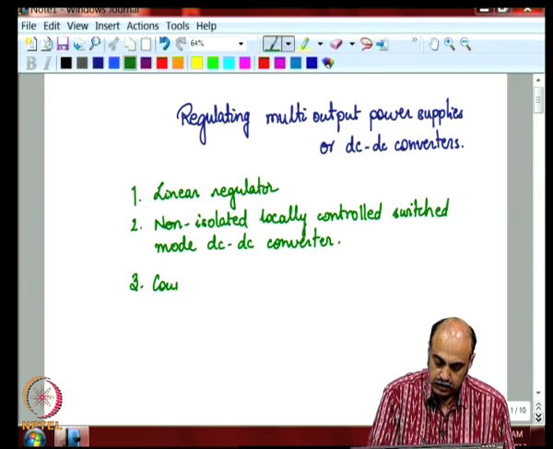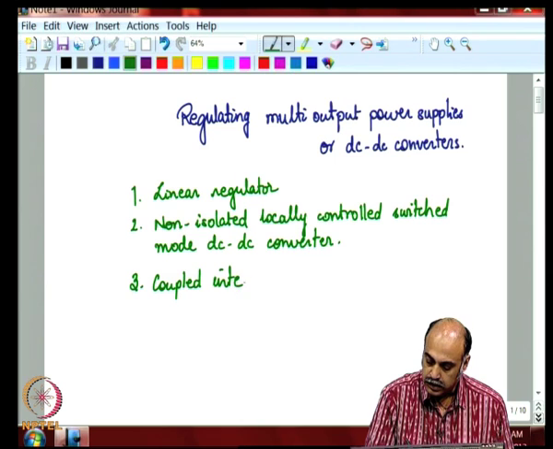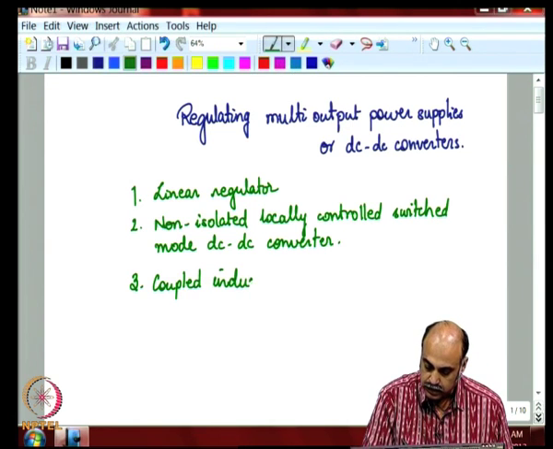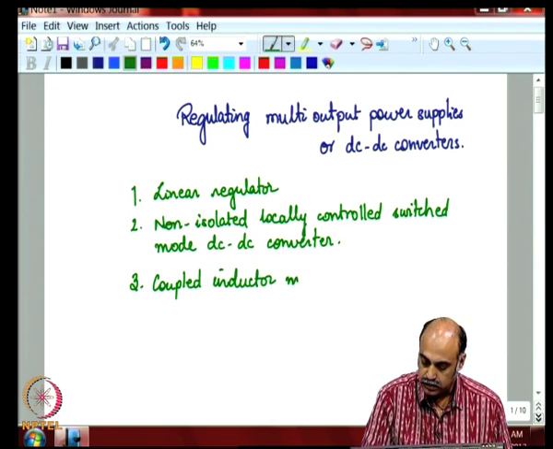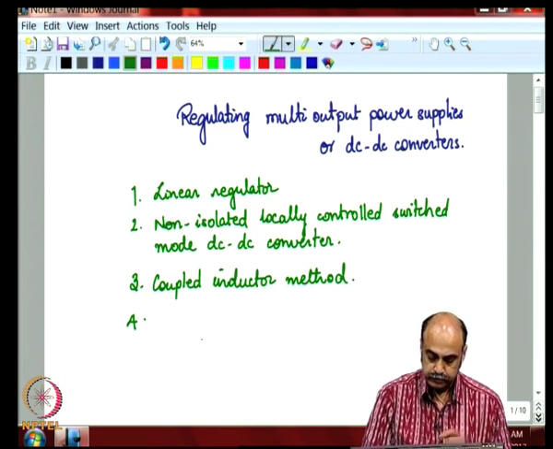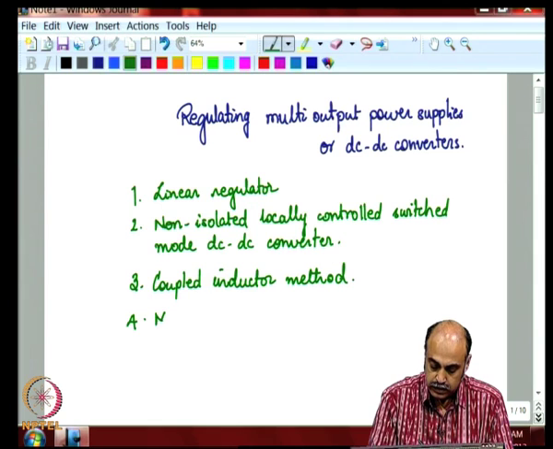We discussed the coupled integrator, the coupled inductor method, and then we were discussing the process of trying to understand the magnetic amplifier method.